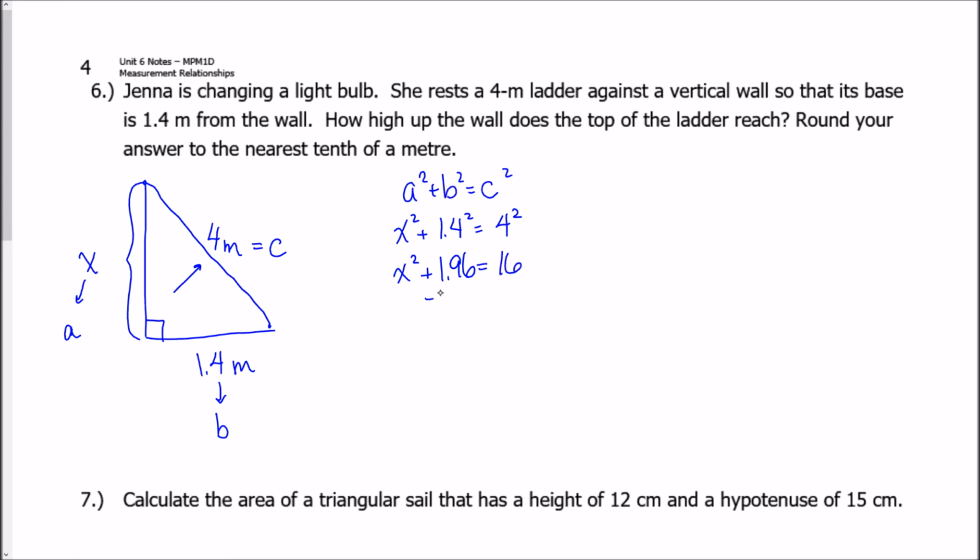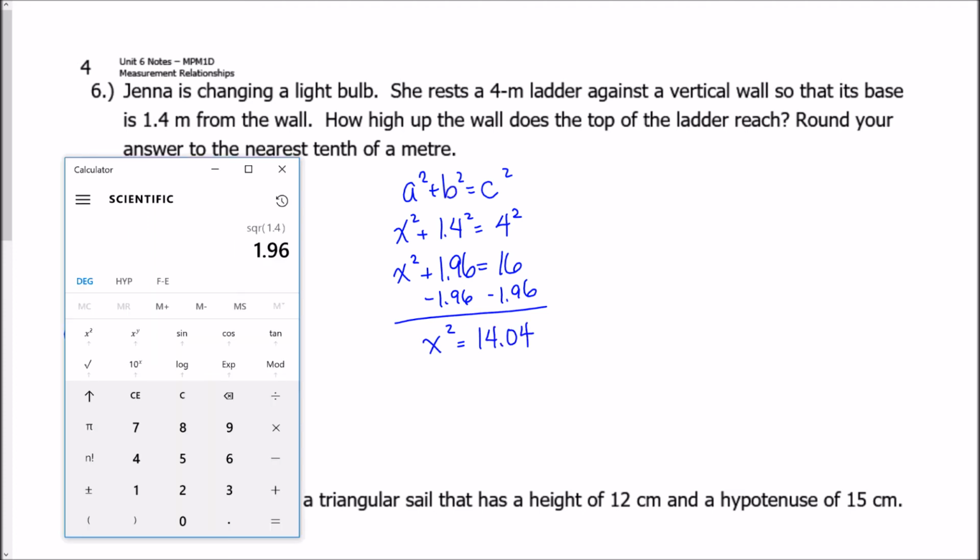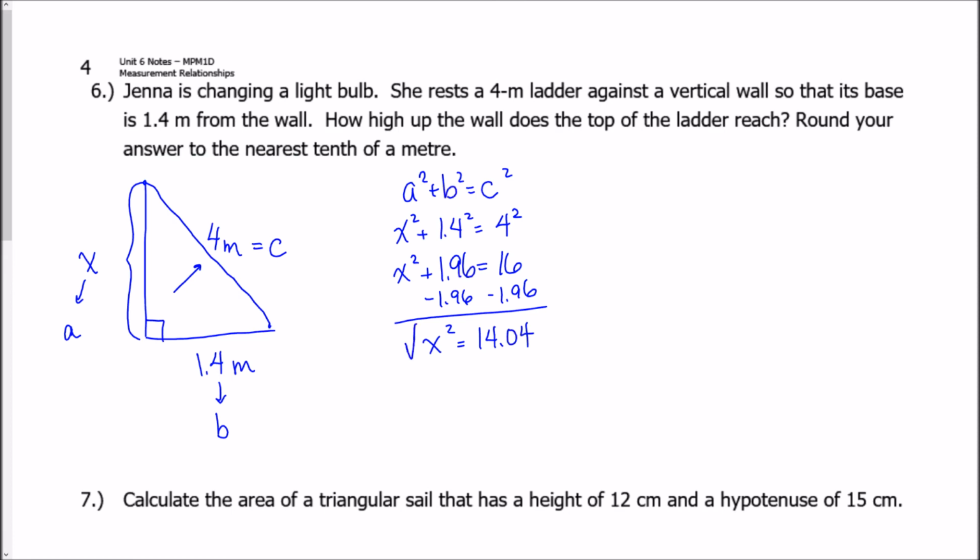Then I'm going to subtract 1.96 from both sides, okay? And I end up getting x squared is equal to 14.04, okay? So then once I'm done with that, I need to square root my answer. So I'm going to square root my answer and I get about 3.7. So square root both sides and you end up getting x is about 3.7 meters.